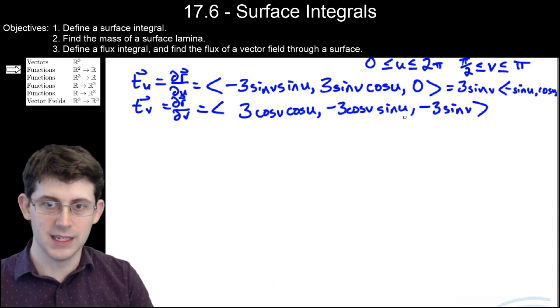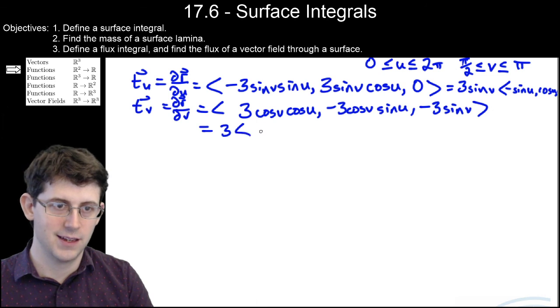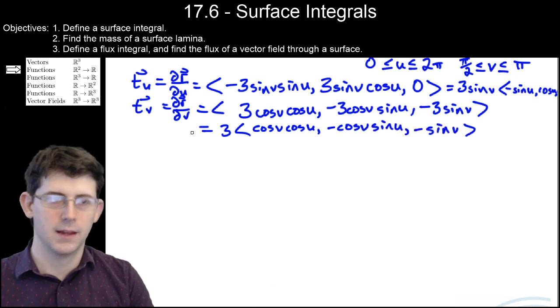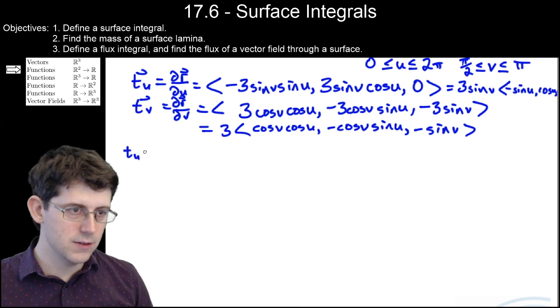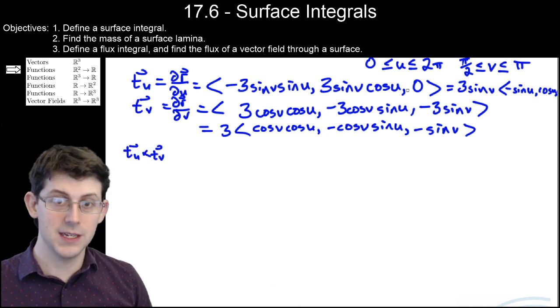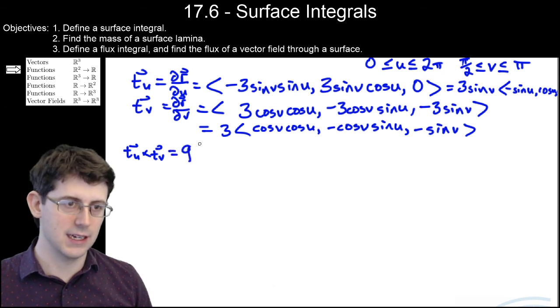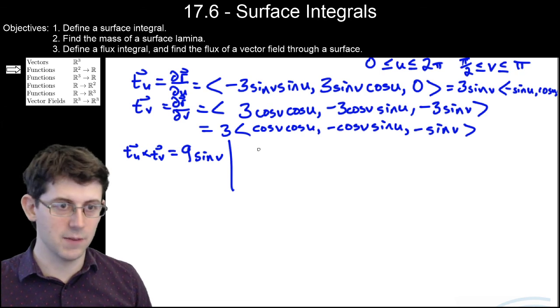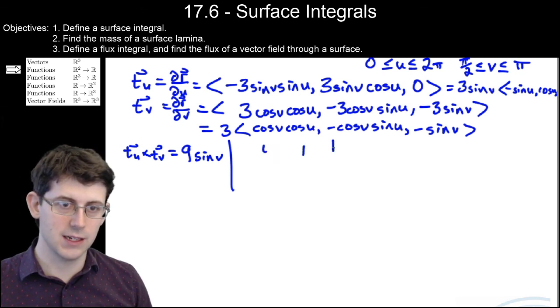These just have a 3 in them. Okay, Tu cross Tv. You can get all the scalars out. So I have a 3 and a 3 sine v. That's 9 sine v. And then I can do the determinant of the matrix that gives me the cross product.